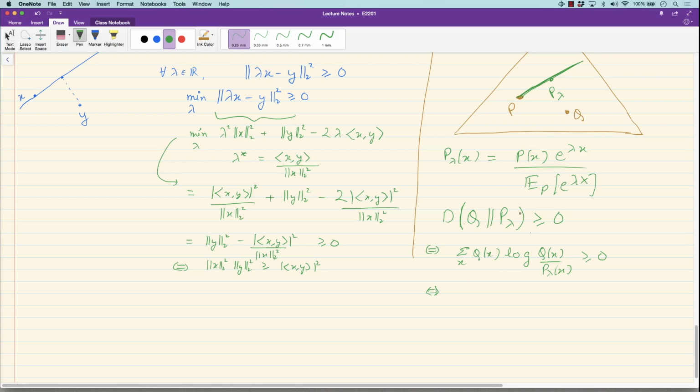The first term is p(x), so this first term is D(Q||P). The second term is just a constant, so it's log of E_P of e^(lambda x). And then the third term is minus lambda times the expected value over Q of x, and this is greater than or equal to 0.